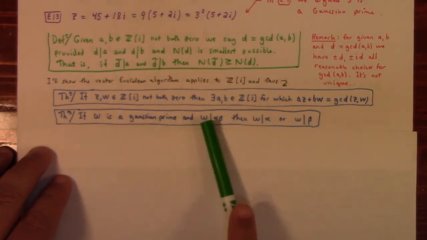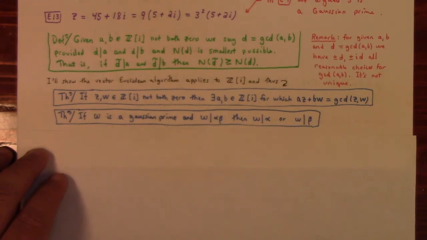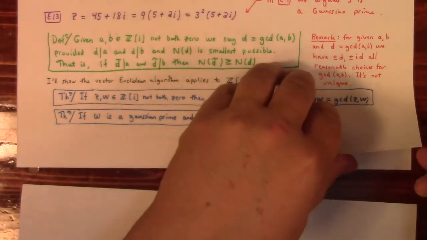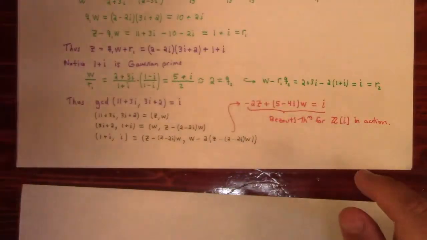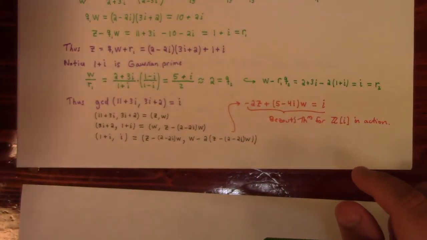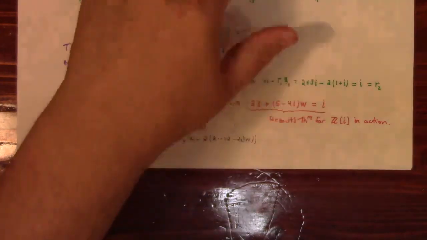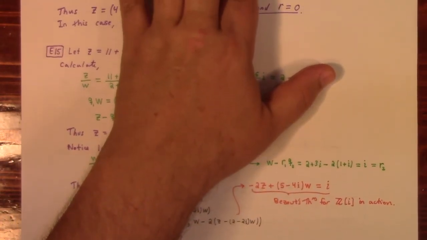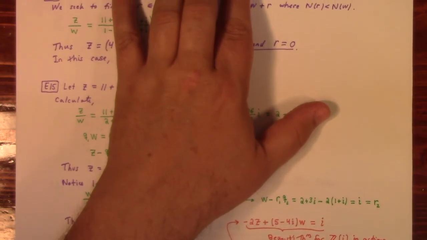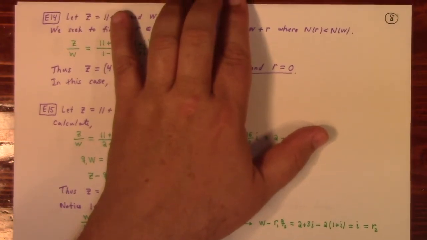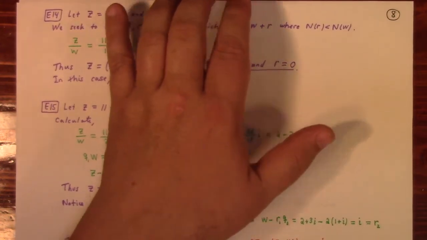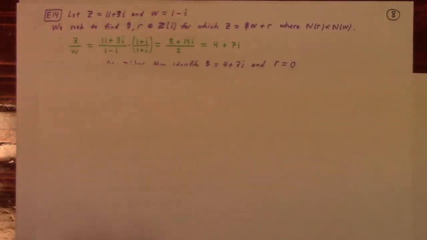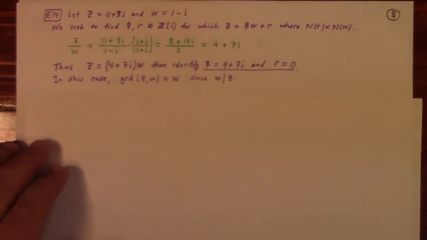So we still have this theorem about primes and divisibility. The proofs of both of those are similar to the proofs we gave before. The proof of Bezout's theorem is essentially because the vector Euclidean algorithm allows you to find the Bezout coefficients, which I'll illustrate with examples shortly.